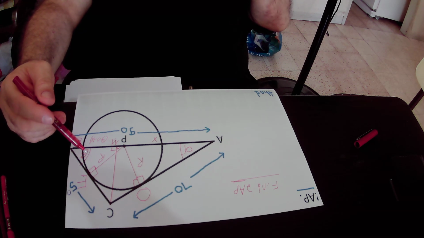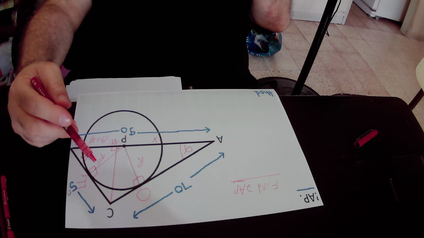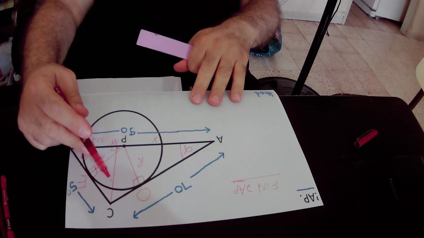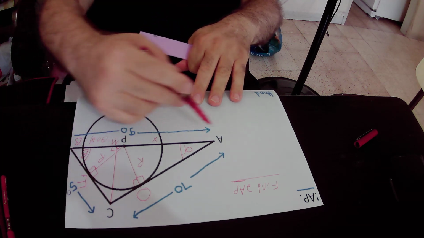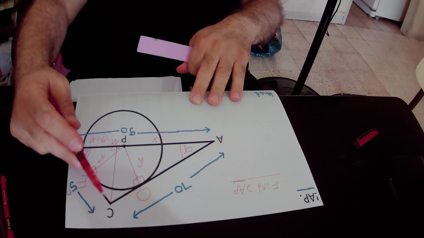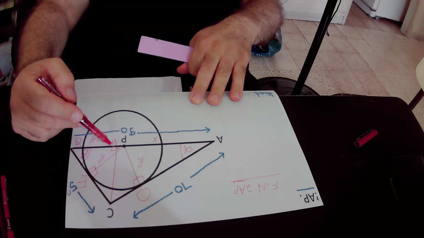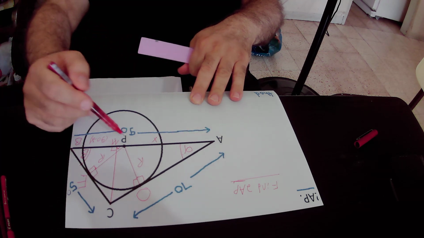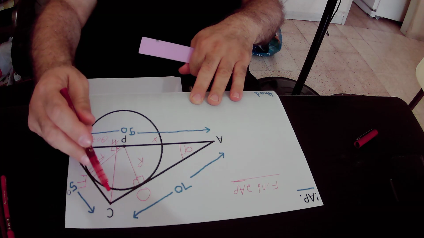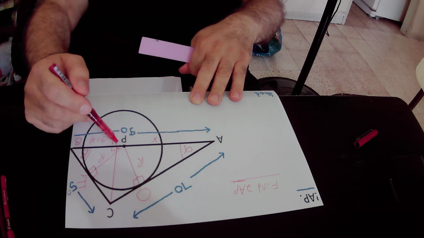And we actually drew a perpendicular to side AB of triangle ABC. So CM is perpendicular to AB. This is to say CMB is 90 degrees and also CMA is 90 degrees.